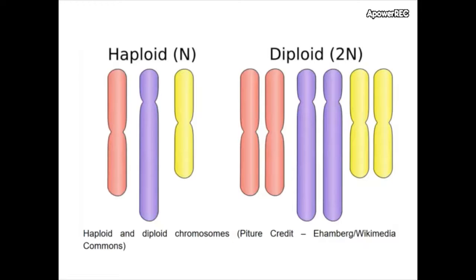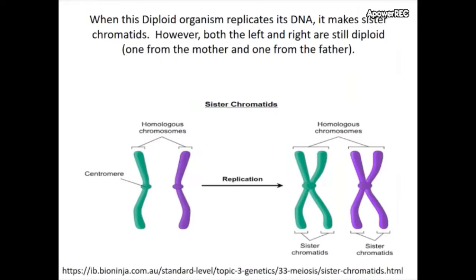So now we've discussed chromosomes, homologous pairs, and haploid or diploid. So this is where things get a little bit more confusing for people because they tend to confuse a homologous pair with what a sister chromatid is.